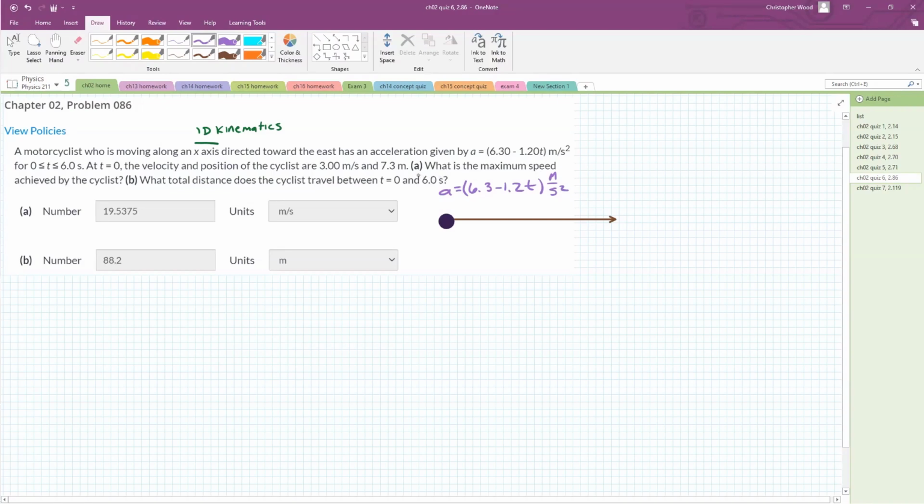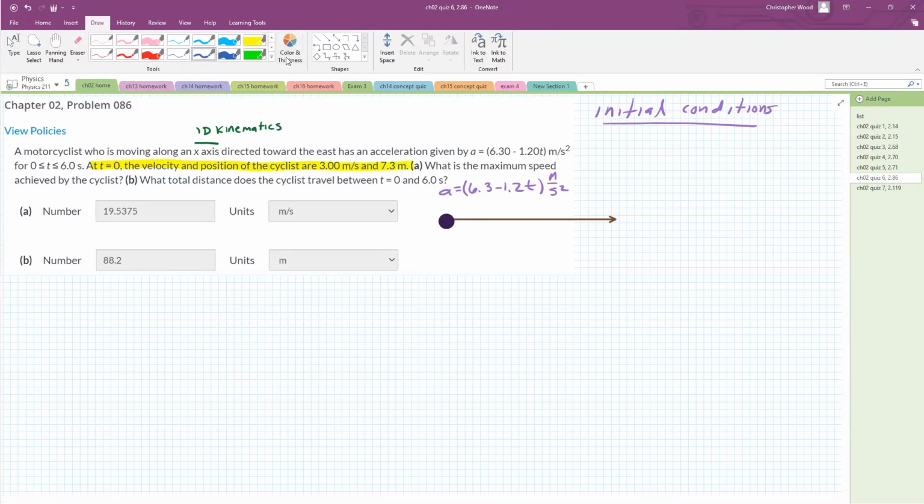At t equals 0, the velocity and the position. So I'm just going to write this down. Here are my initial conditions. They tell you the initial conditions, but in sophisticated terms. I like simple terms. According to the problem statement, at t equals 0, the velocity and position of the cyclist are 3 and 7.3.